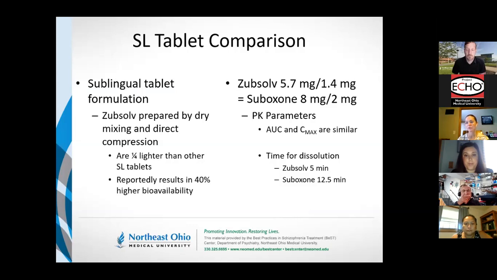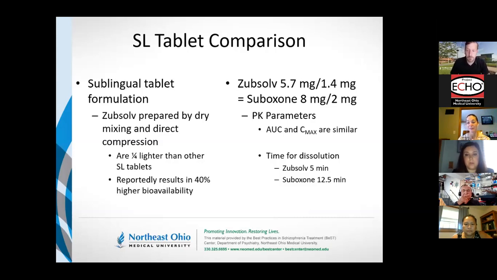So they're able to dissolve and deliver the buprenorphine a little bit more efficiently than some of the other buprenorphine products. So because of that, they actually are able to use lower doses of the Zubsolv and achieve the same concentrations. So the 5.7/1.4 is equivalent to the 8/2 of the Suboxone, and the patient will achieve the same concentrations in the body.